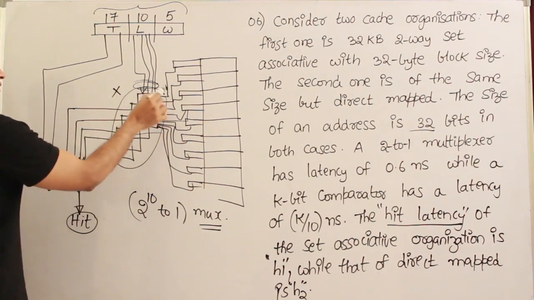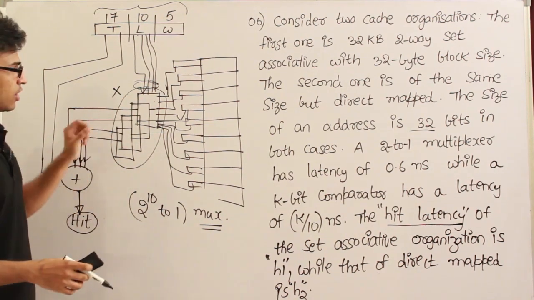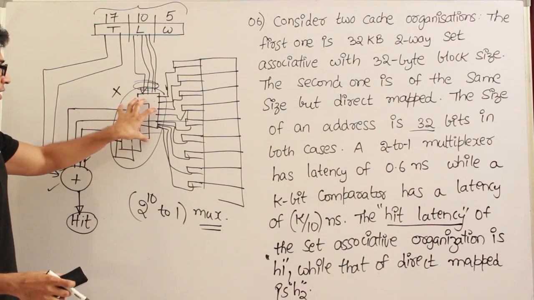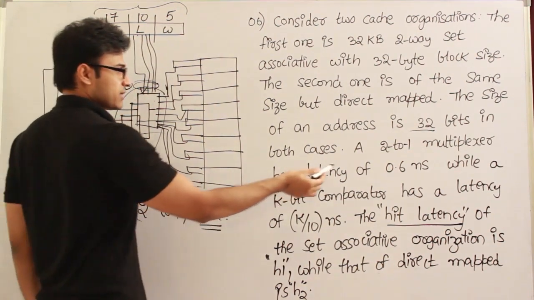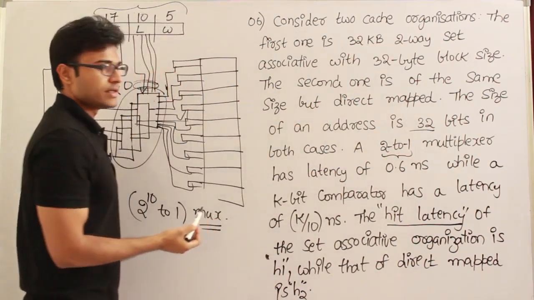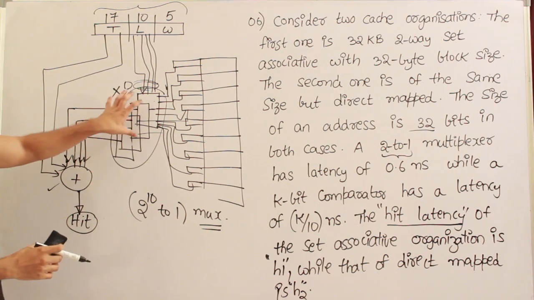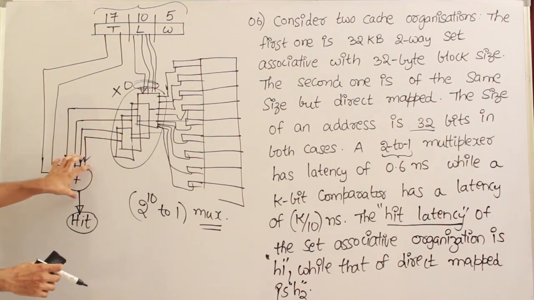Normally the time taken to pass the signal through the multiplexers is very, very small, so you could completely assume that this delay is 0. Then why is this 2 to 1 multiplexer given? That one is given for set associative mapping, which we shall discuss later. So assuming that this is 0, the only delay required will be the comparator delay.